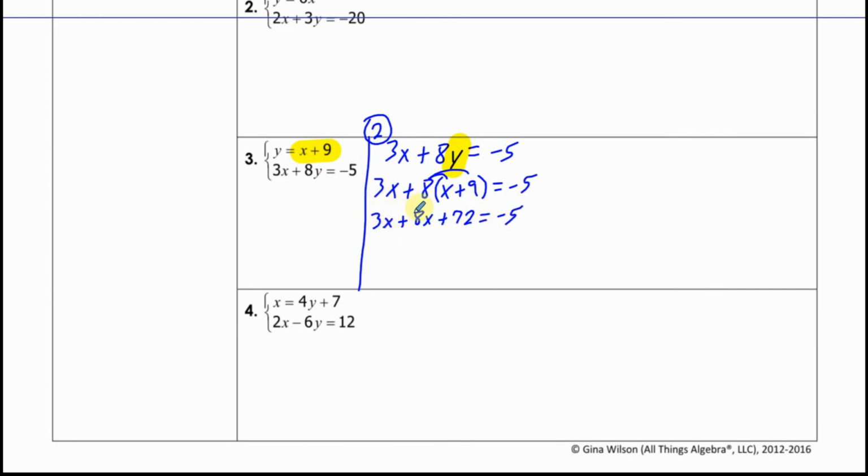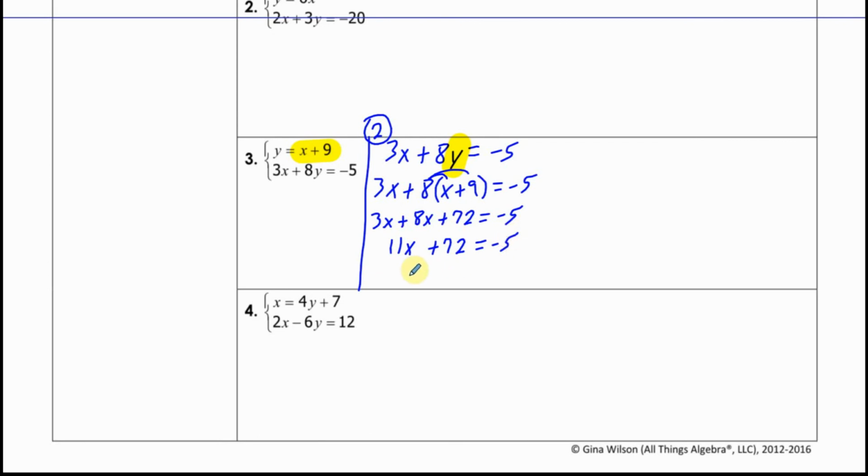So part of simplifying is also combining like terms. So this one, I don't have a 3x on one side and an 8x on the right side. So they're already on the same side of the equal sign. They're both on the left side. So I can just combine them like they are. So 11x plus 72 equals negative 5.